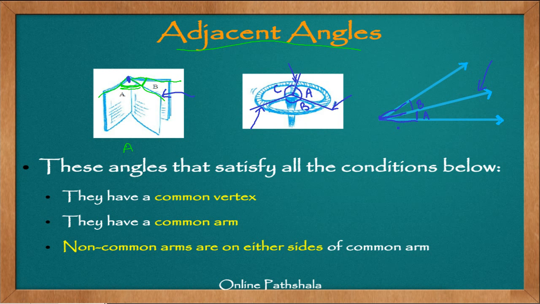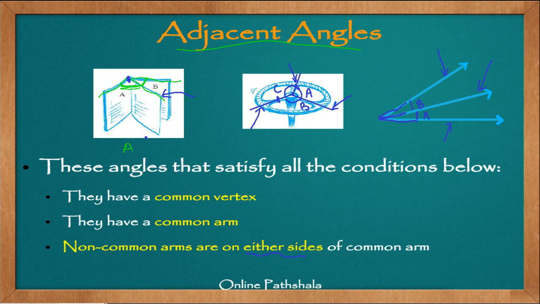One more observation is that the non-common arms are on either side of the common arm. That is, if you see, these are the non-common arms and they are on either side. One arm is on one side and the other arm is on the other side. They are not on the same side. Similar is the case here for angle A and B. You can see that this arm and this arm are on different sides of this arm. They are not on the same side. Same is the case with our figure A.